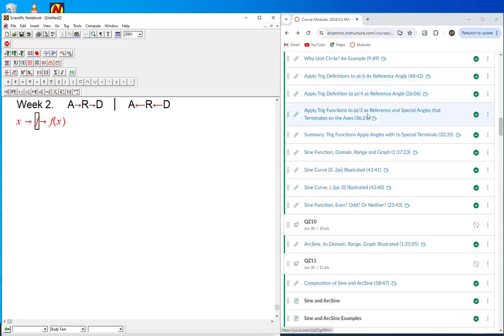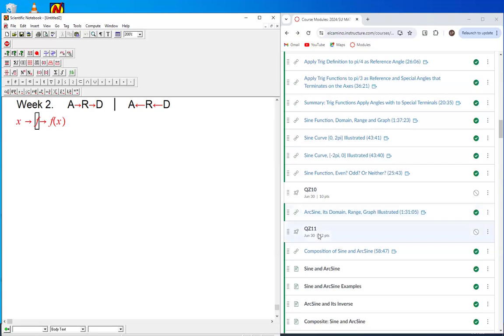We're doing these curves, and the sign, even and odd discussion. So all of this is the first part of the A to D.